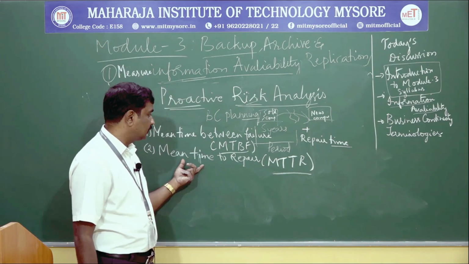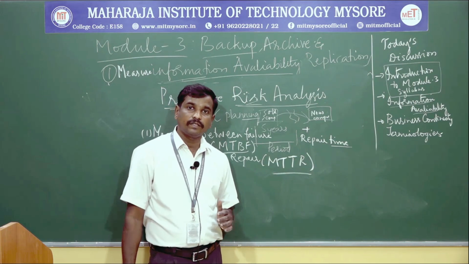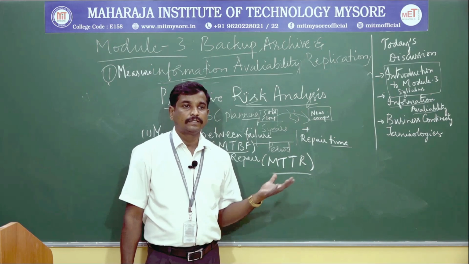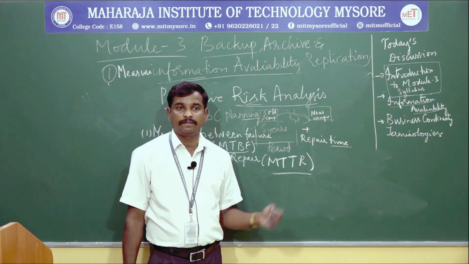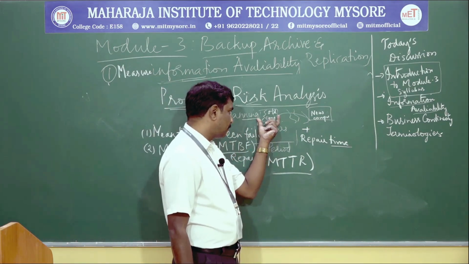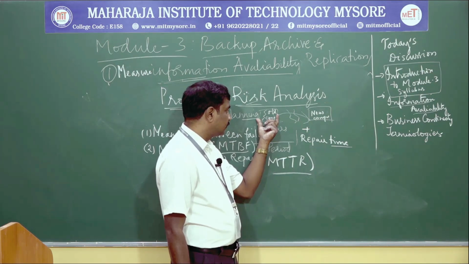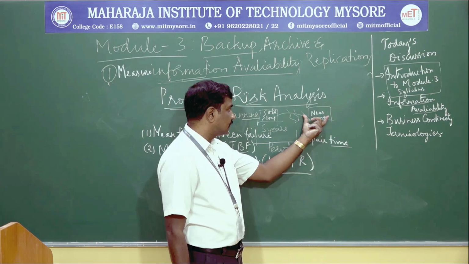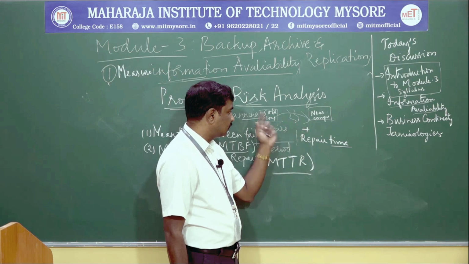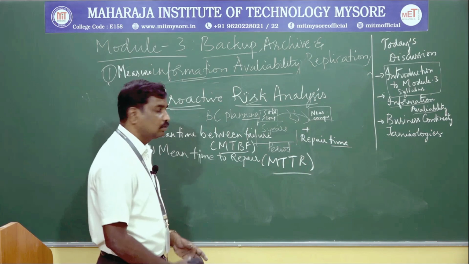How do we measure the mean time to repair? It is the average time required for a component to be repaired. These are the two parameters. As I was saying, this is a component which works 24/7, and sometimes it has to be replaced with the alternate component, and the time taken for repairing the old component is measured. That is done by mean time between failures and mean time to repair.